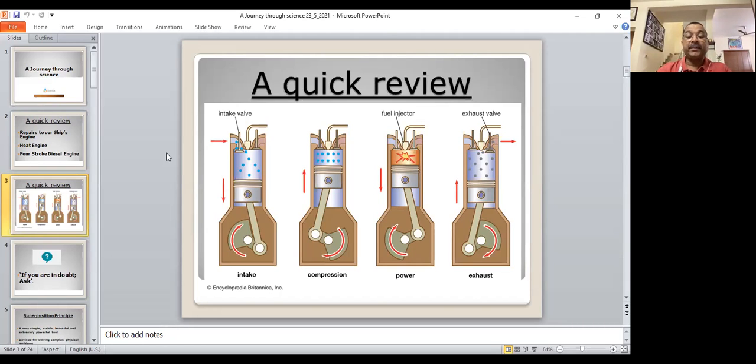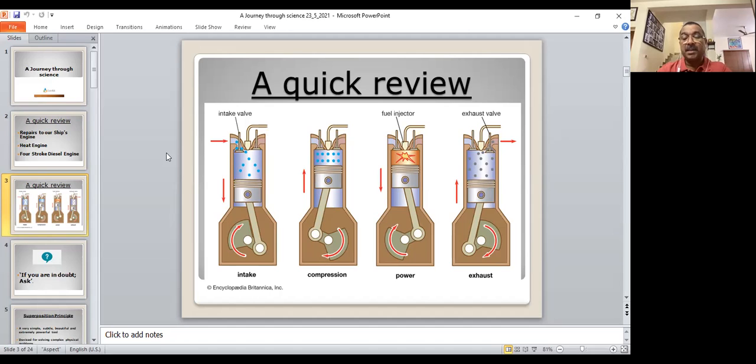When we are completing the second stroke, or compression stroke, the air will be compressed to such a volume that its temperature is more than 450 degrees centigrade, of the order of 500 degrees centigrade. So if we inject fuel, diesel, into that compressed air, it will automatically burn.